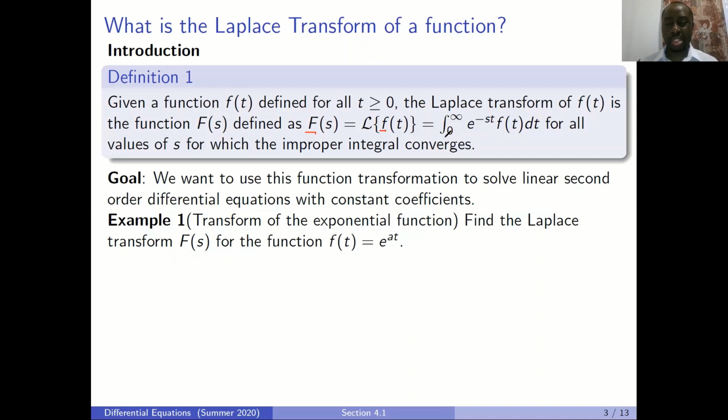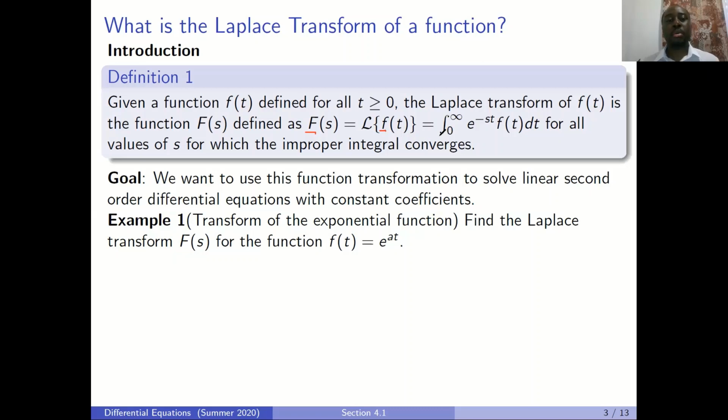We're going to see that in the next lecture, and so the Laplace transform allows us to go from solving an equation involving derivatives to just a regular algebraic equation that we would solve, like in college algebra. And that is really the power of the transform.